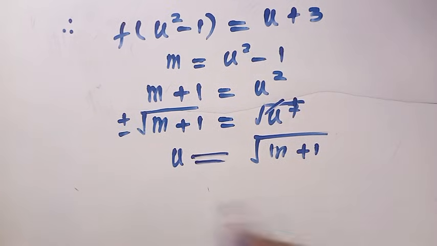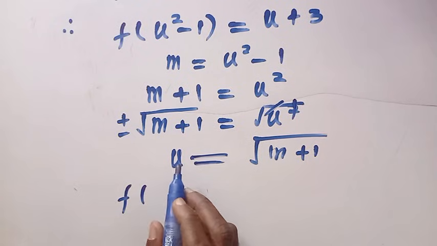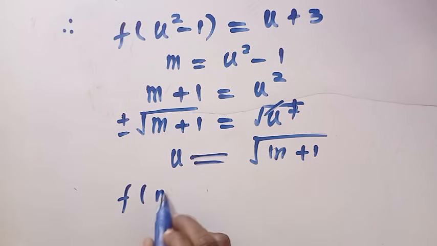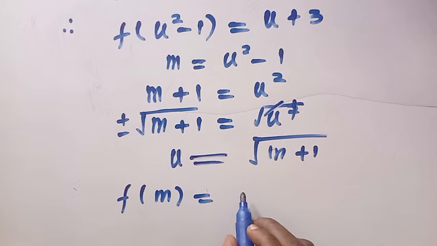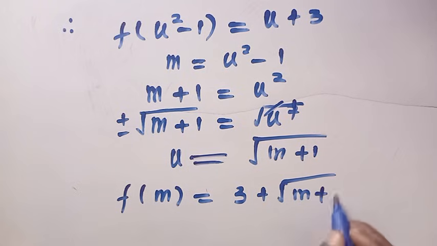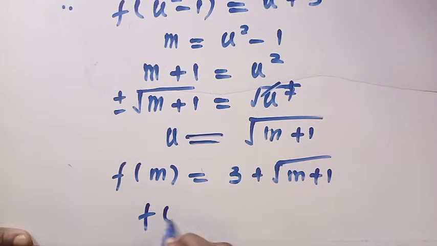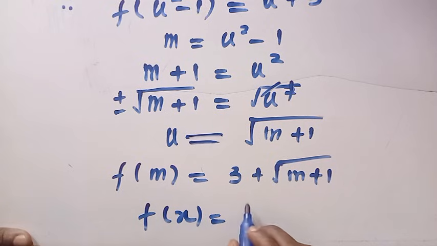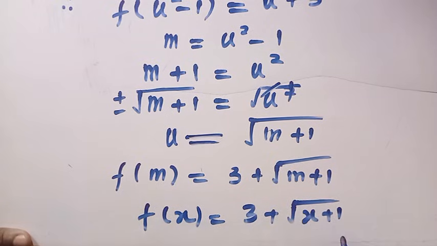So by replacing it, instead of f of u squared minus 1, we have f of m equals 3 plus the square root of m plus 1. So changing this m to x, we have f of x equals 3 plus the square root of x plus 1.